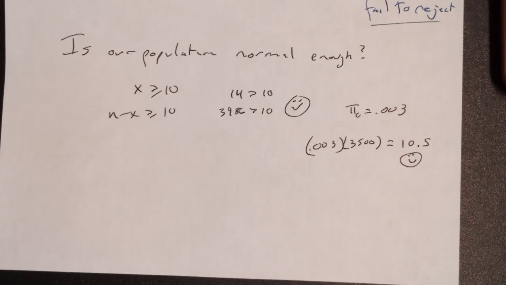If I'm not dealing with a normal population, the calculations get longer and uglier. They're not any harder. They are just far more tedious. I have to use my binomial distribution, the CDF for the binomial, because I'm adding them all up, right? From 0 up to 10.